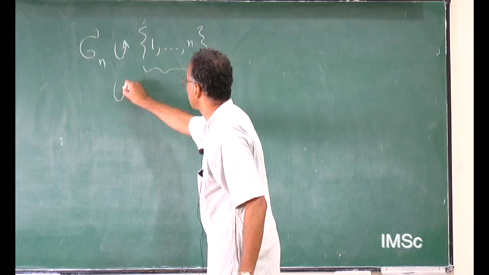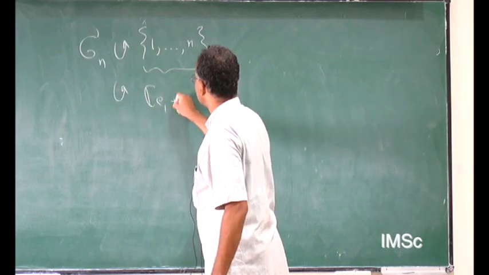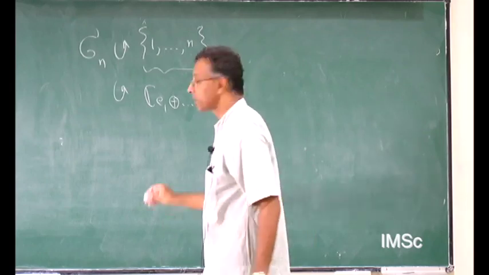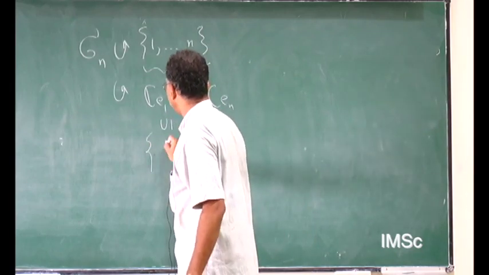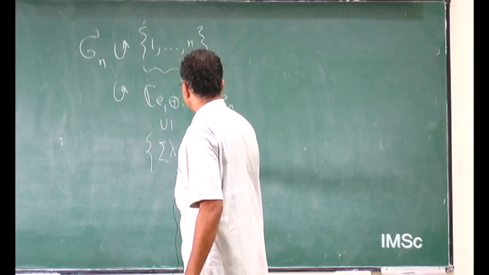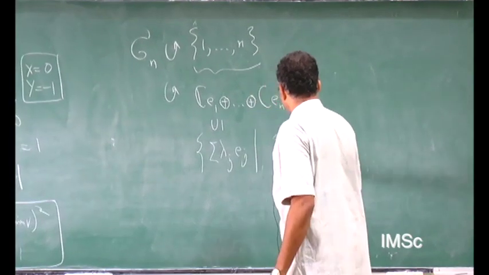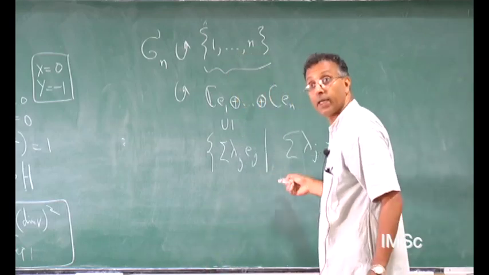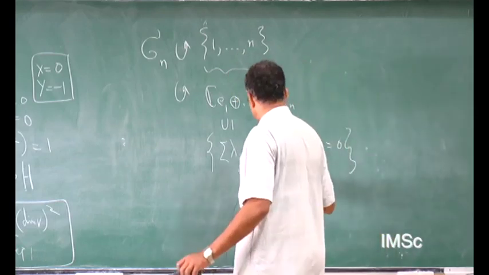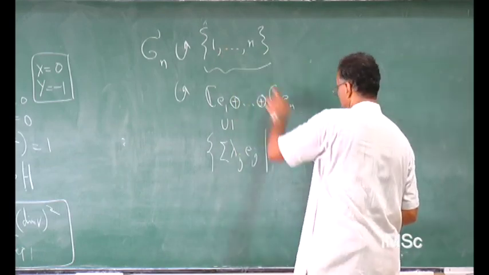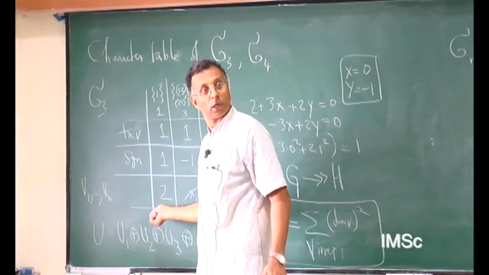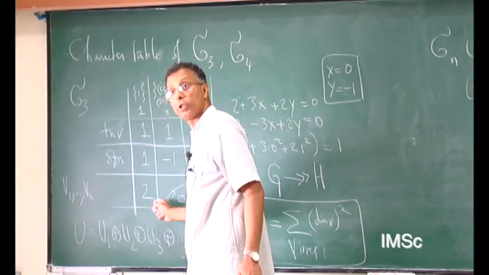And so this acts on CE1 direct sum CEN, and the subspace spanned by all lambda j ej such that the sum of lambda j equals 0 is an invariant subspace, right? And what is its dimension? Well, total dimension is n, and this is one linear condition, so it's n minus 1. In this case, it's two-dimensional for S3. So it is that representation which gives you this.